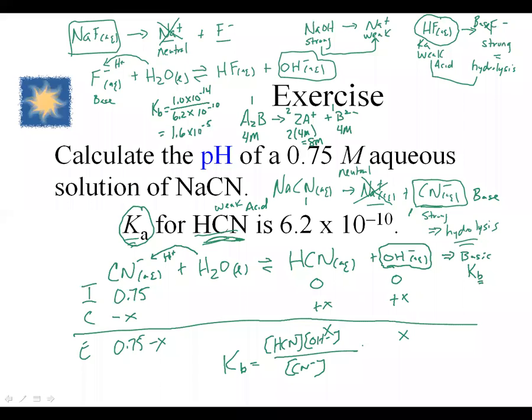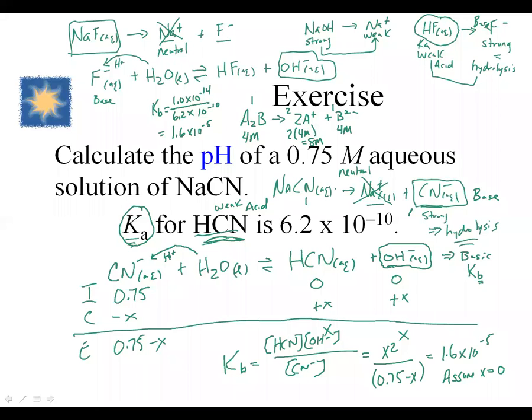So when we put this in, we will get x squared divided by 0.75 minus x will again equal our KB value of 1.6 times 10 to the minus 5. We might as well make the assumption that x is equal to 0. And I will say that in most cases, probably most of the time, your assumptions will be okay when you're doing salts.